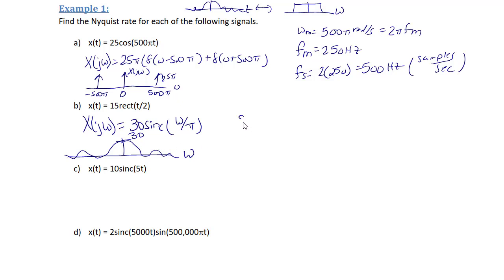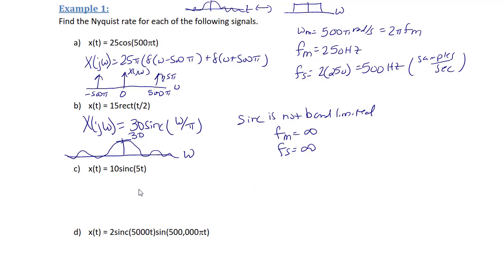So the sinc is not band limited. So what this means is that fm is equal to infinity because there is no maximum frequency. So fs is equal to infinity.